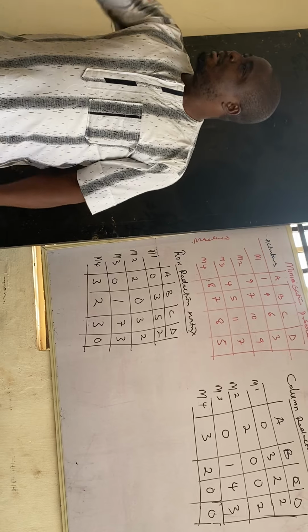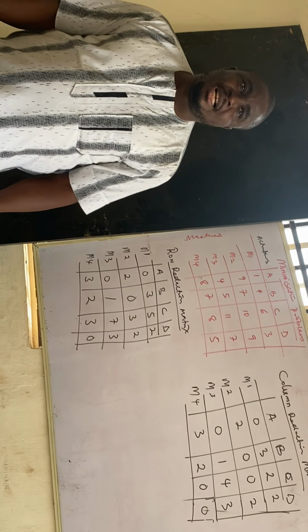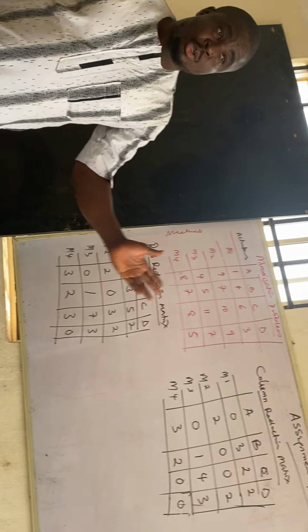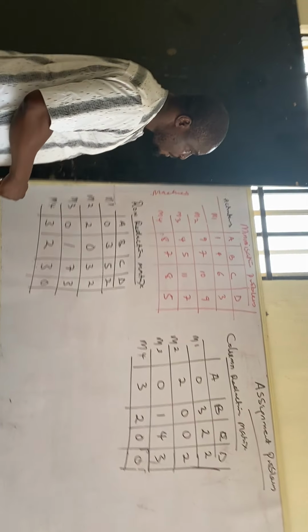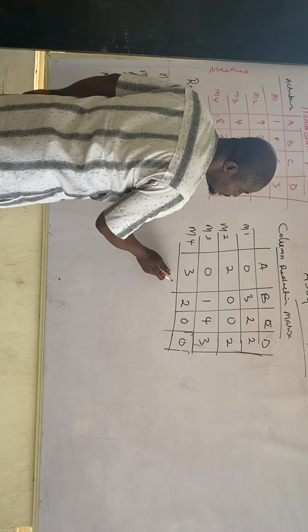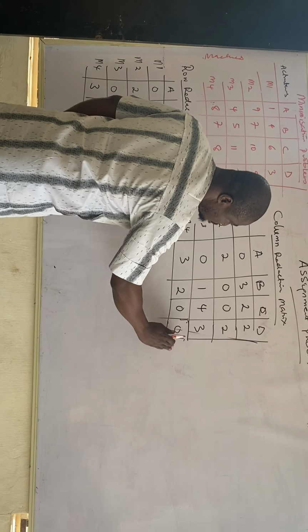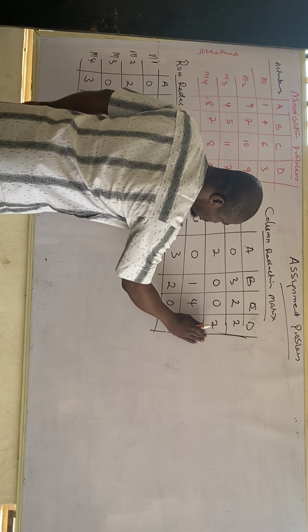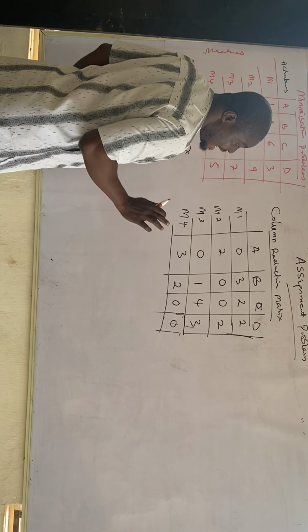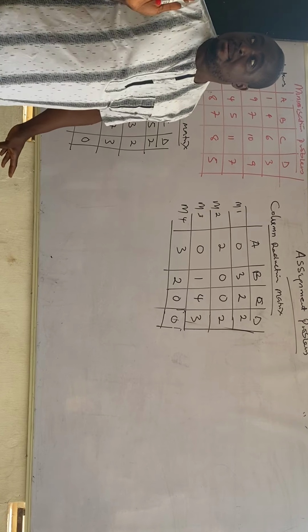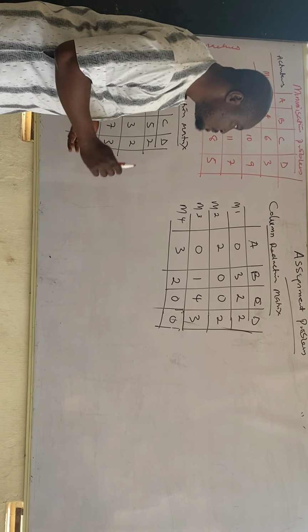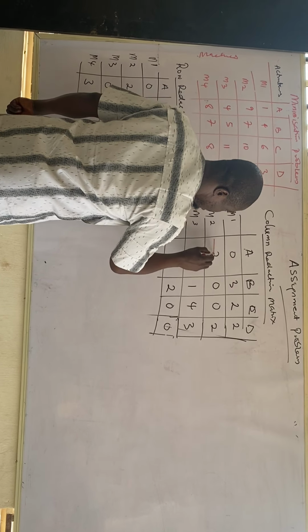If it's not, you move forward and do another surgical operation. So, if you cover here, you cover 2. If you cover here, you cover 2. If you cover here, you cover 2. So that means 2 is the highest we have been able to determine. So cover anywhere you can cover 2. I want to cover 2 here.